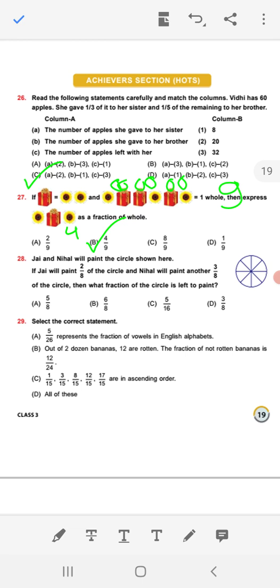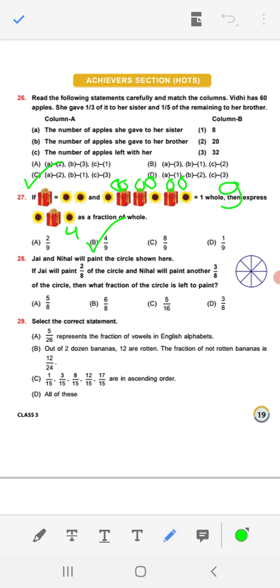Total 26 alphabets, and 5 are vowels, we know, A, E, I, O, U. So what fraction of the English alphabet is vowels? 5 out of 26. So this statement A is correct.